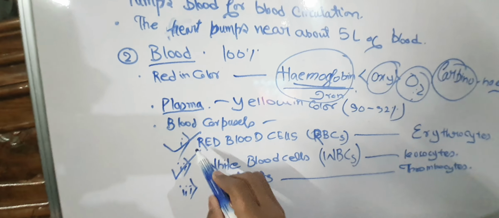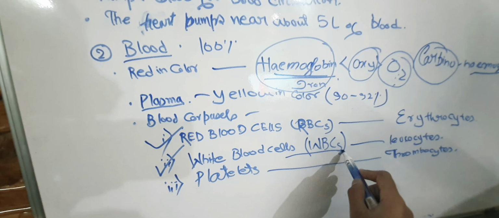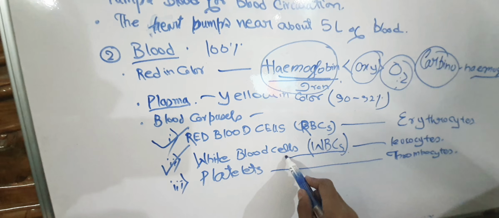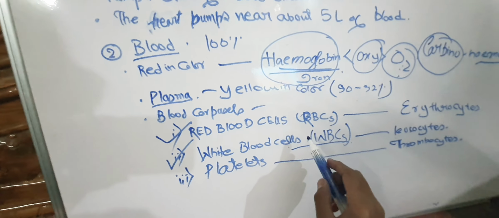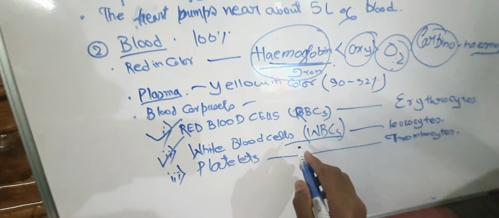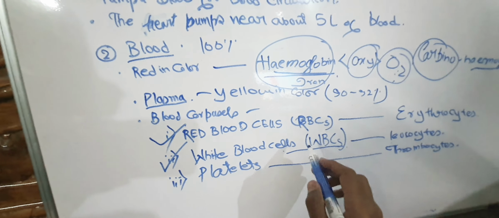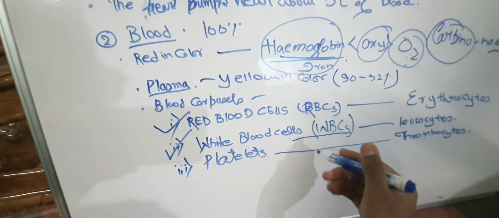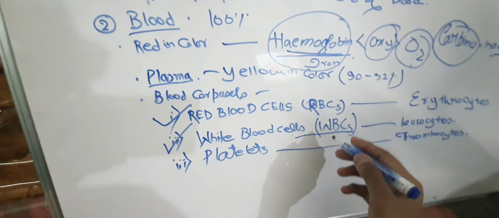Then white blood cells. White blood cells also have many types like T cells, lymphocytes, monocytes, etc. The primary function of white blood cells is to fight against foreign bodies and infections to prevent diseases.